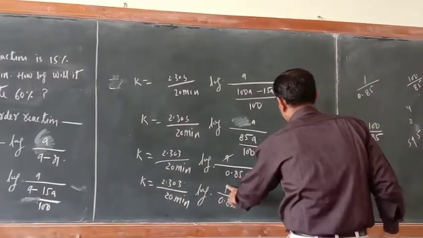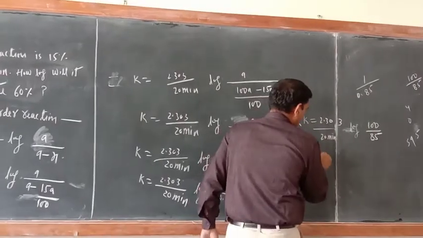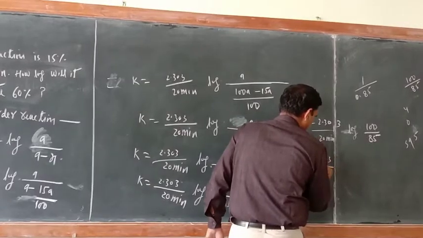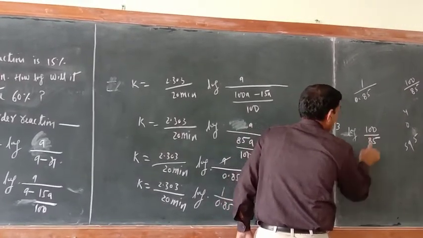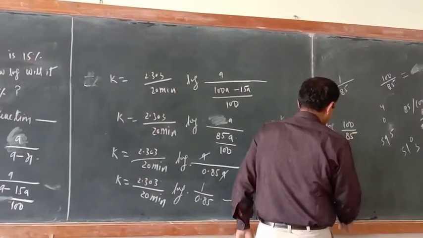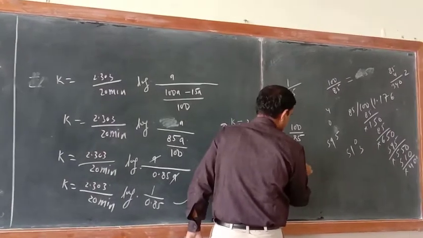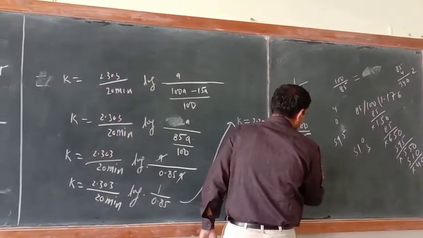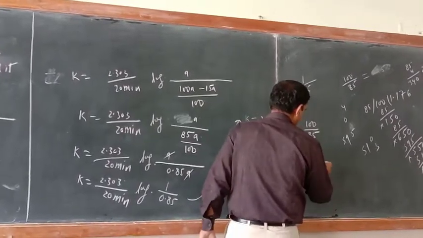You can understand this one. Now K equal to 2.303 divided by 20 minutes, and here 100 by 85 is equal to 1.176. You can write 7 also, there is no problem.